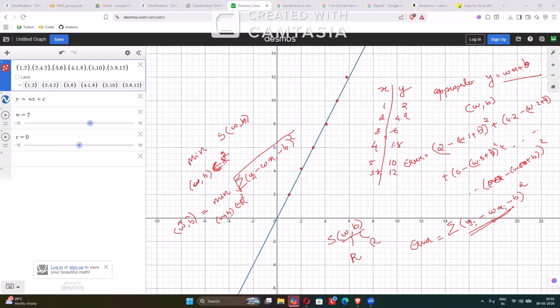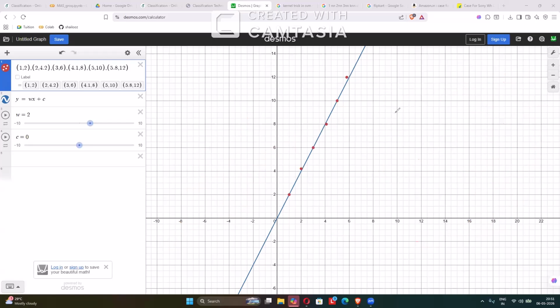Since this S depends on W and B, this is a multivariate function, right? Are you getting it? It's a multivariate function, and in its domain we can choose a value for W and we can choose a value for B too, right?